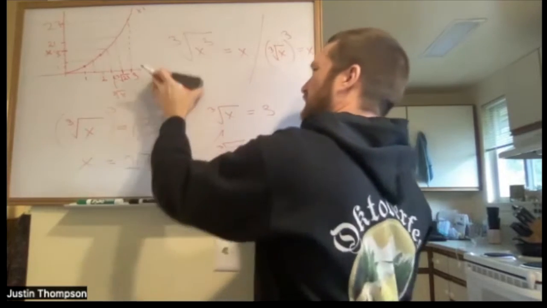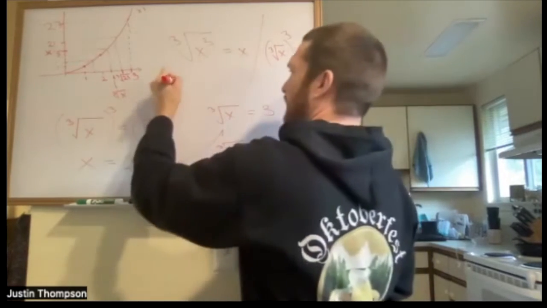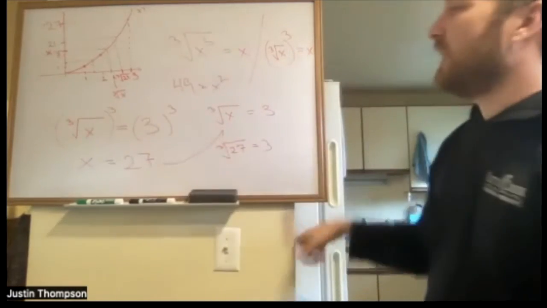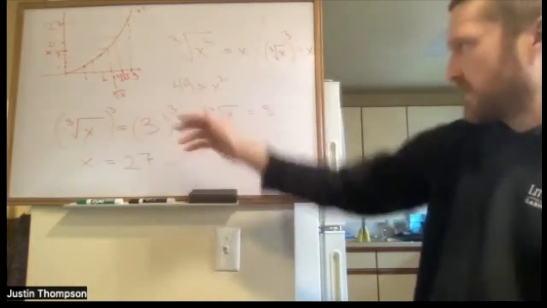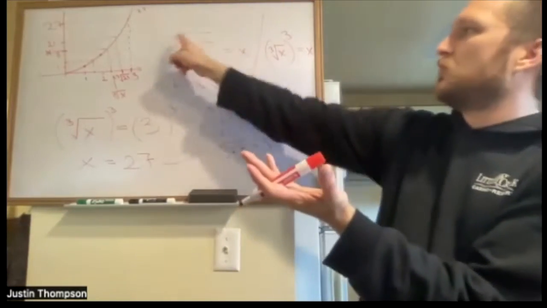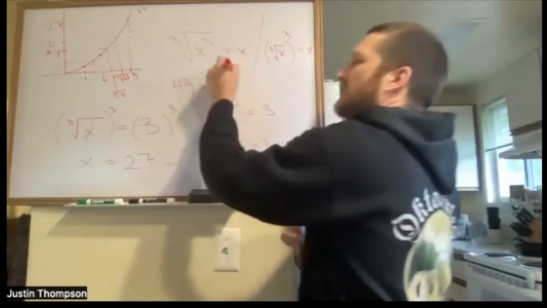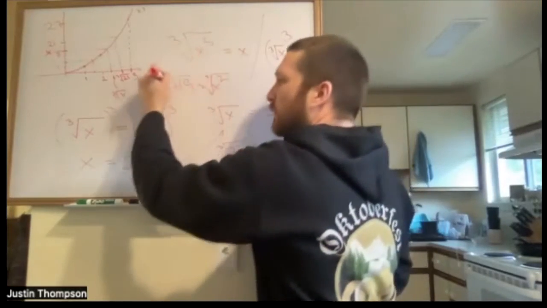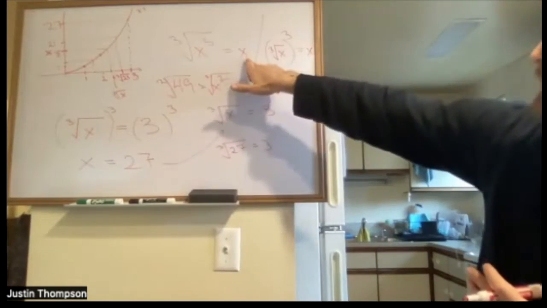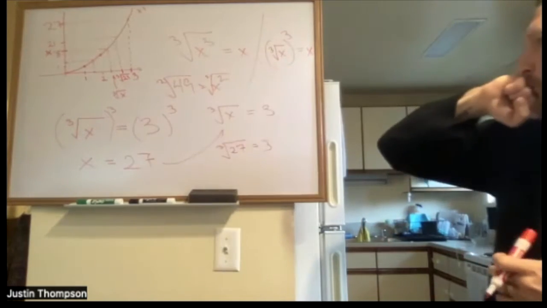How about 49 equals x squared? You have it in your mind. I'll take a square root of both sides. Why? Well, because of this principle, right? If you undo the thing that you did, so I take a square root of both sides, then I come back to the number that I'm looking for.